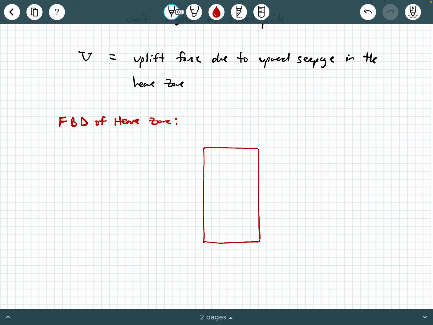Here's my heave zone kind of blown up. The vertical dimension of the heave zone is that depth of embedment D, and the horizontal dimension of the heave zone is D over 2. What we will end up having is the effective weight of that little element, and then the uplift force U here.